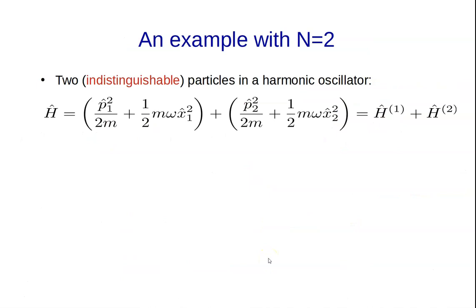Okay, so let's start with a couple of examples now. Say that you have two particles in the harmonic oscillator. We discussed the harmonic oscillator last class for the single particle states. We diagonalized this Hamiltonian and constructed a basis set, and now let's say that we have two particles, one with coordinates x1 and p1, position and momentum, and a second particle with coordinates x2 and p2.